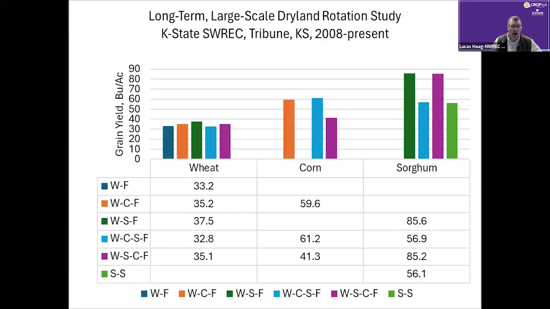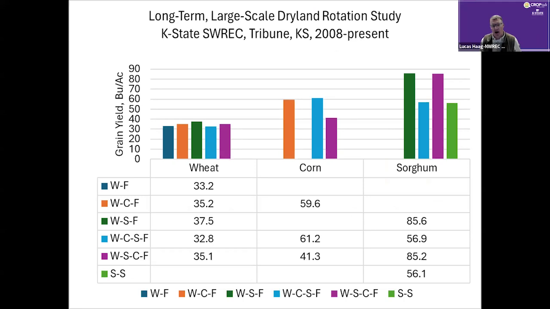This is more useful. I get questions, this is why we looked at this wheat, corn, sorghum, fallow, wheat, sorghum, corn, fallow. There's really no magic to one sequence versus the other. I would tell you at Tribune, I'm pretty gun shy of this wheat, sorghum, corn, fallow, just because we can fail that corn crop or have a pretty poor crop with not very much residue.